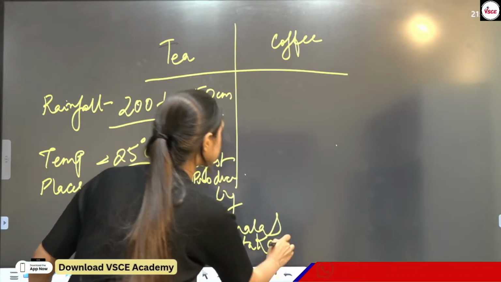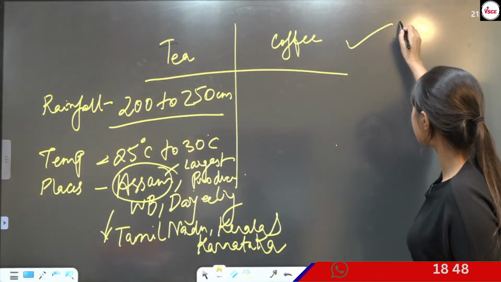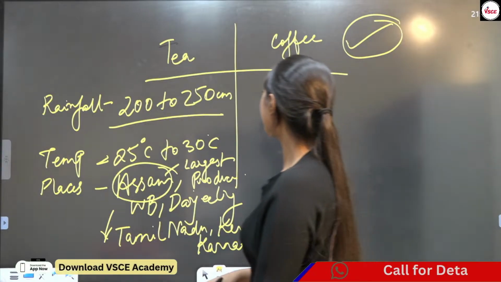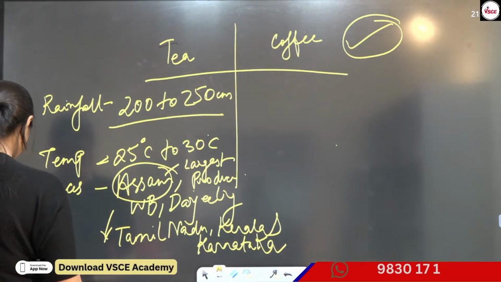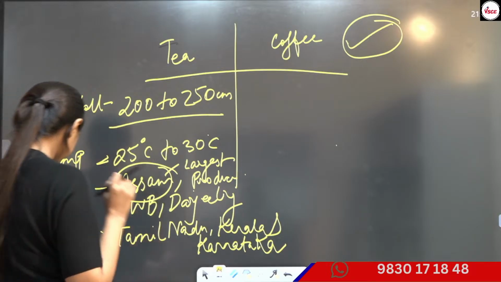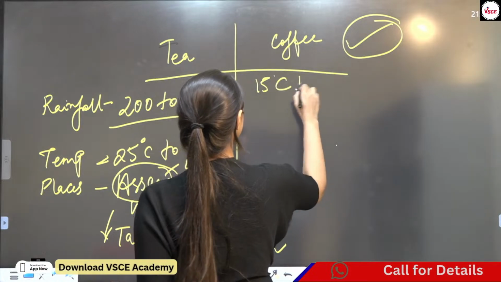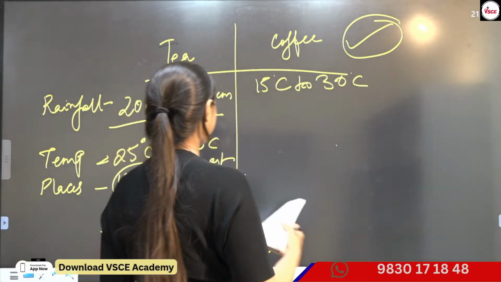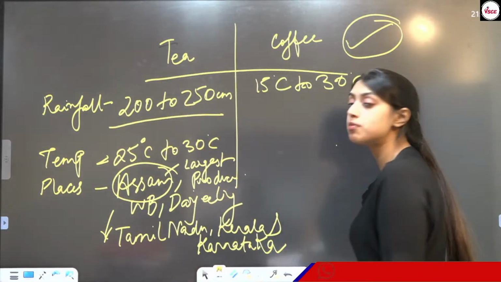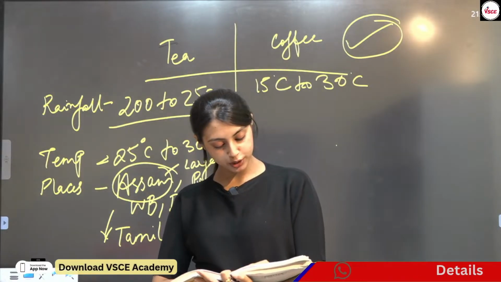And the last but not the least part of the chapter, we are going to end it in one minute. That is coffee. Coffee is the second important beverage product, right? It grows in 15 to 30 degrees Celsius. It needs well-drained soil, succumbs to frost, and needs shade at a high temperature.